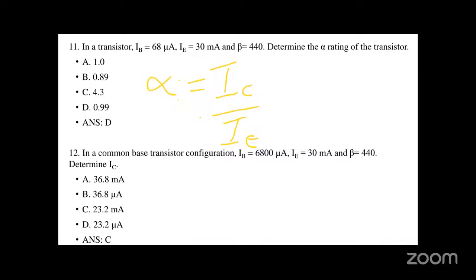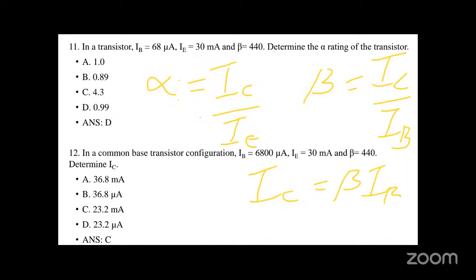For this kind of configuration, beta is IC over IB, which implies that IC is equal to beta IB. So beta is 440.